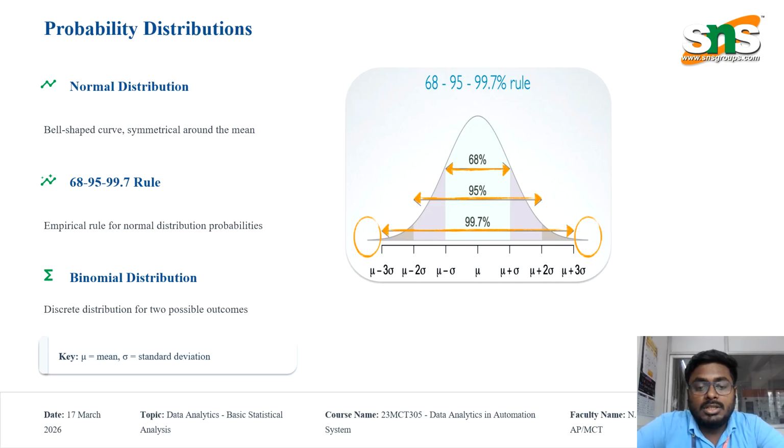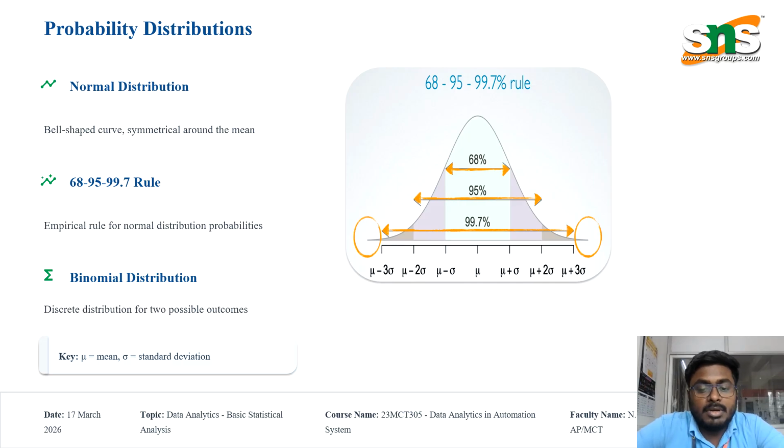Followed by the probability distribution. Now we describe how likely different values are. The most important one in practice is the normal distribution, the famous bell curve, symmetric and defined by mean mu and standard deviation sigma.